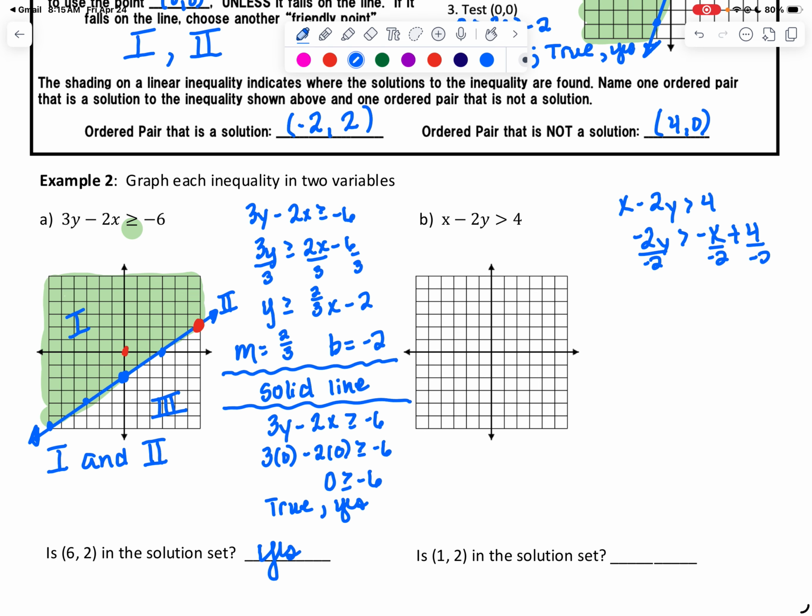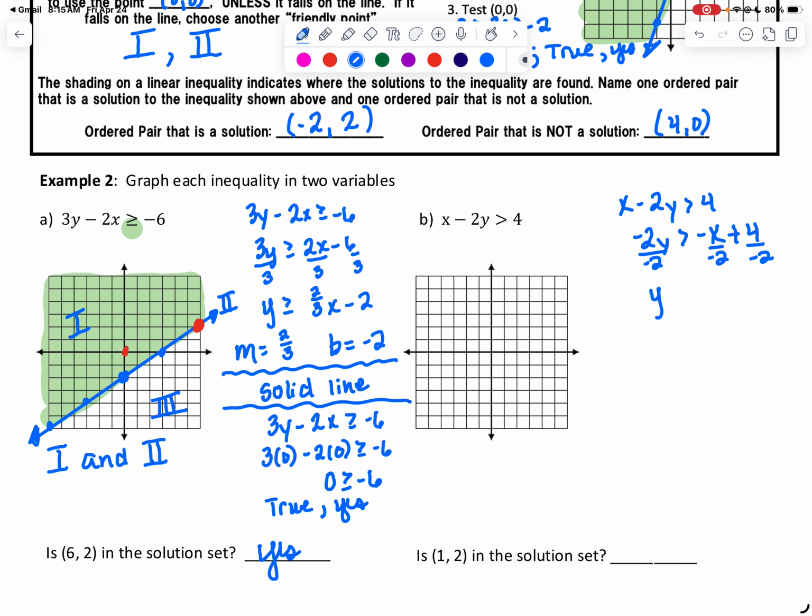But be very careful here, because in previous lessons, when we were solving inequalities, we learned that when we divide an inequality by a negative, we must do something special. Do you remember what that thing is? Hopefully you said when you multiply or divide by a negative, you must reverse the symbol.